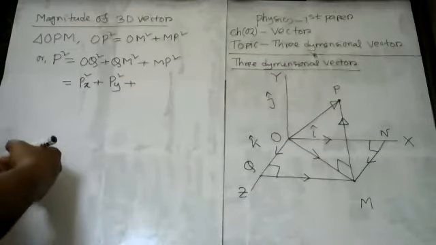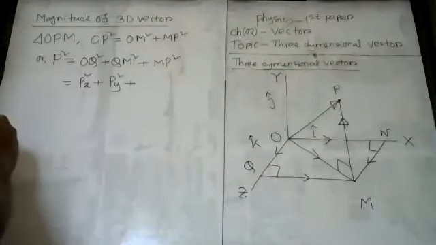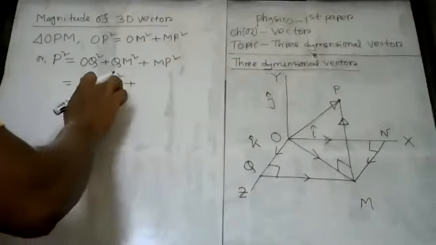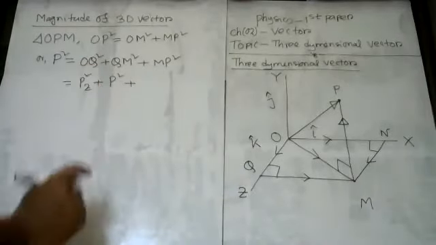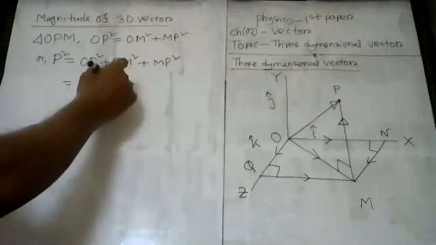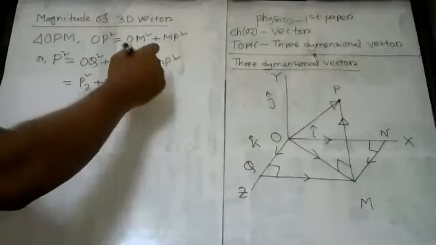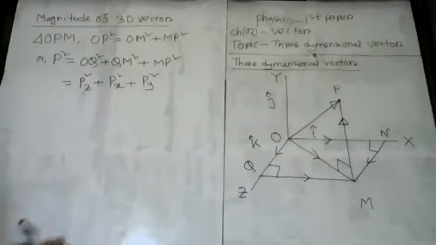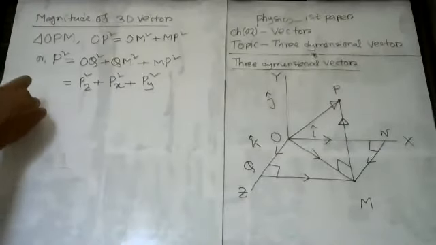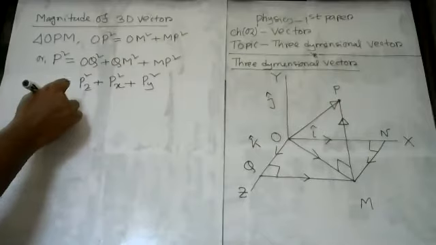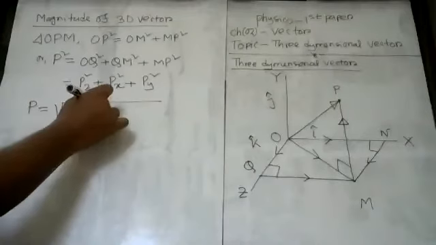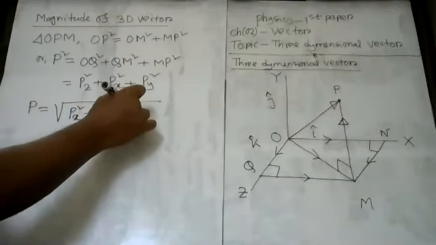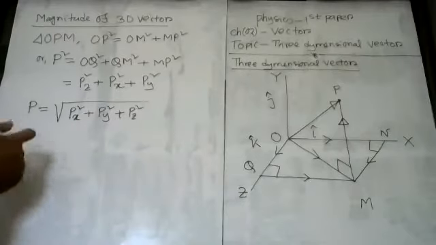Now, QM is nothing but the X component. So OQ is the Z component, my dear student. QM is nothing but the X component, and MP is nothing but the Y component. You need to find out the magnitude of P. So the magnitude of P will equal to Px square plus Py square plus Pz square, my dear student.